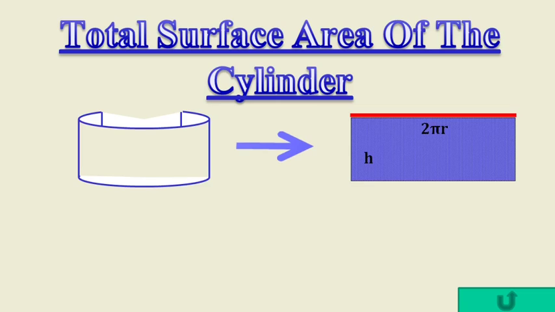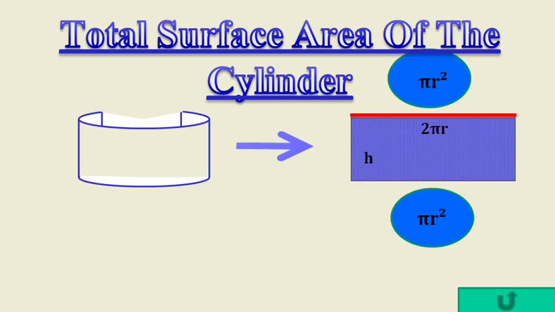So when we talk about the total surface area of the cylinder, it doesn't consist of only the curved surface. It includes two circular surfaces, one from top and one from bottom. If you include these two circular surfaces in the curved surface area of the cylinder, they will give you the total surface area of the cylinder.